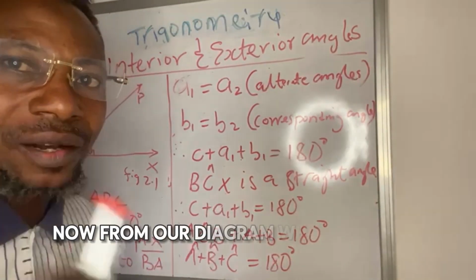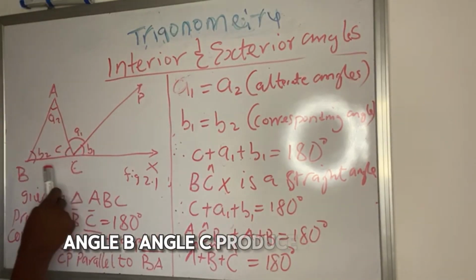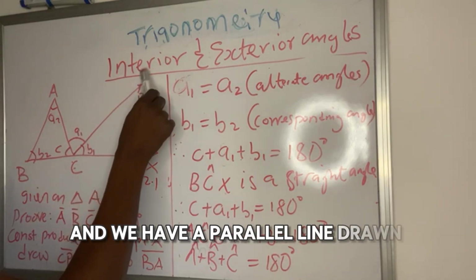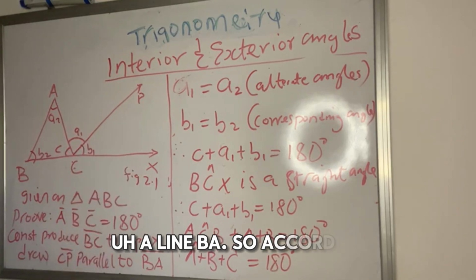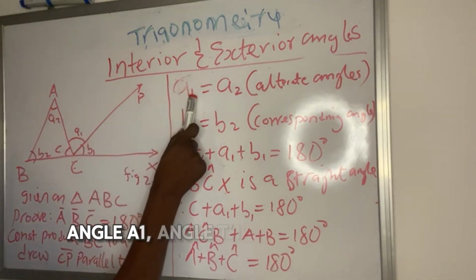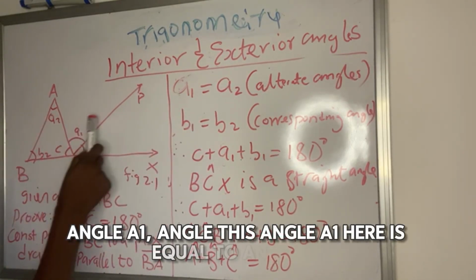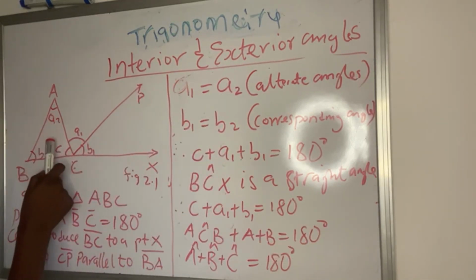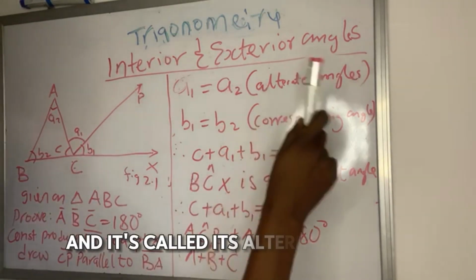Now from our diagram, here we have angle A, angle B, angle C produced to a line X, and we have a parallel line drawn opposite a line BA. So according to our rules, angle A1 is equal to angle A2, and it's equal because they are alternate angles.